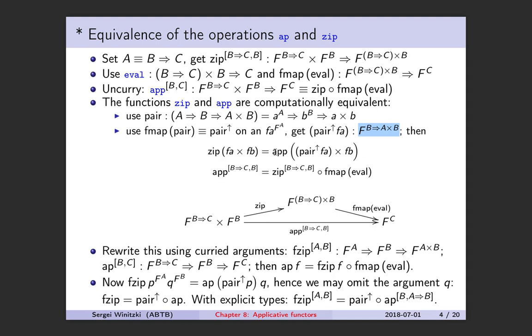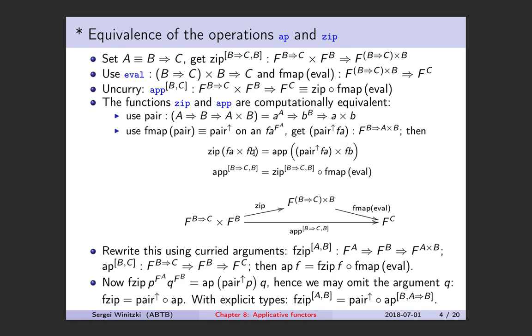So then let's see, zip of two different values fa and fb would be equal to app applied to a pair. So app has this type signature. We need to give it a product. fb to c is this, where c is a to b, and this is fb.